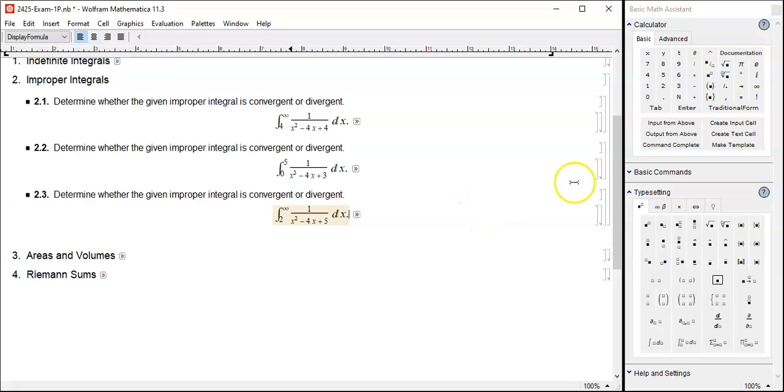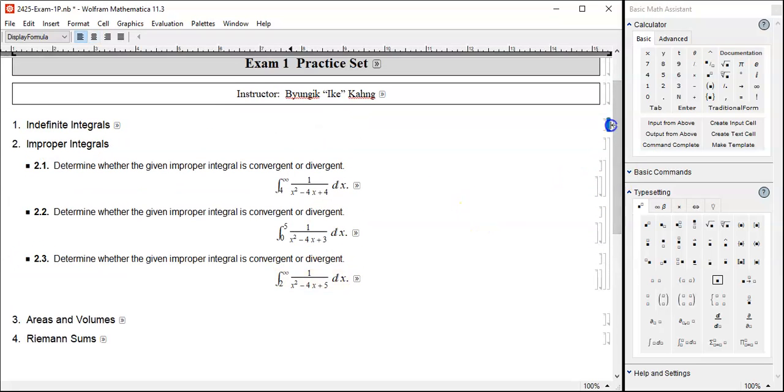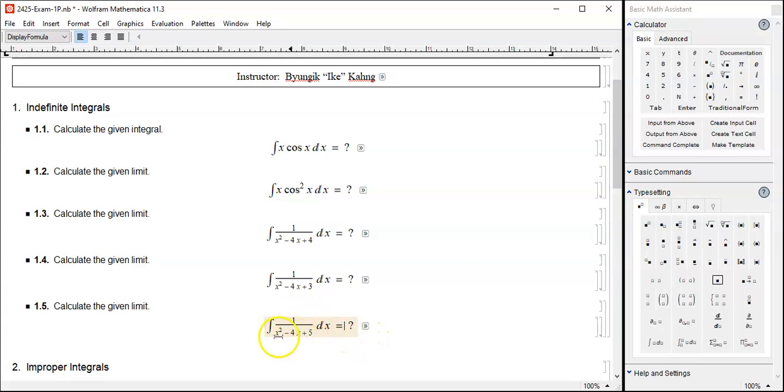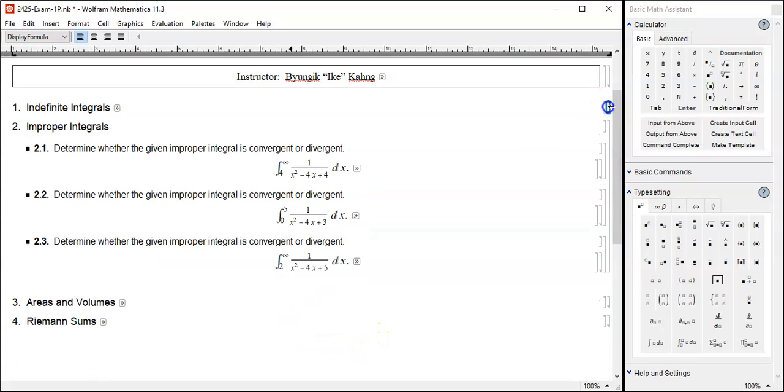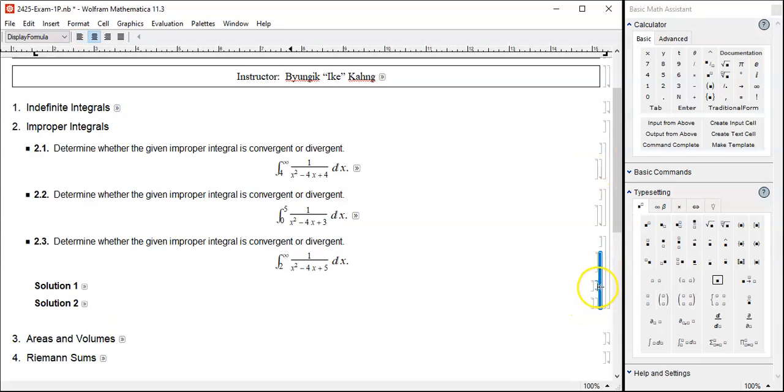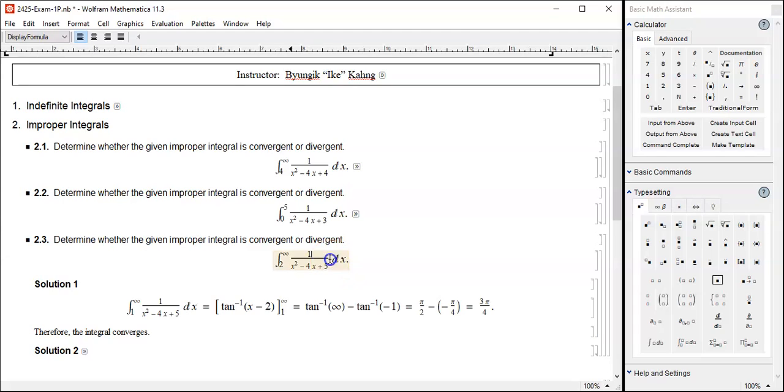How about this problem? Have you seen this before? And yes, you have. It's this arctangent problem. And okay, let's calculate this. The antiderivative is arctangent of x minus 2, as you've seen before. And plug in infinity minus 2, so it's just infinity.